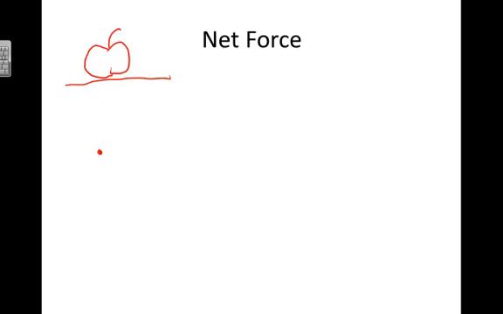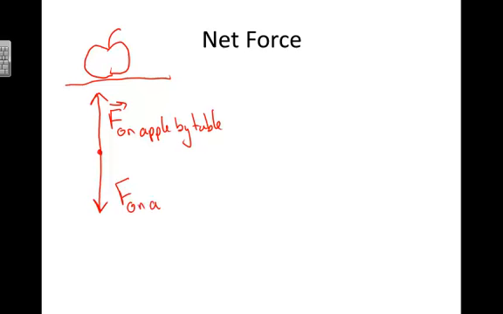Clearly the apple is sitting on a table, so we have a force on the apple by the table. And of course gravity's pulling down, so we've got another force down like this. This is a force on the apple by the earth.